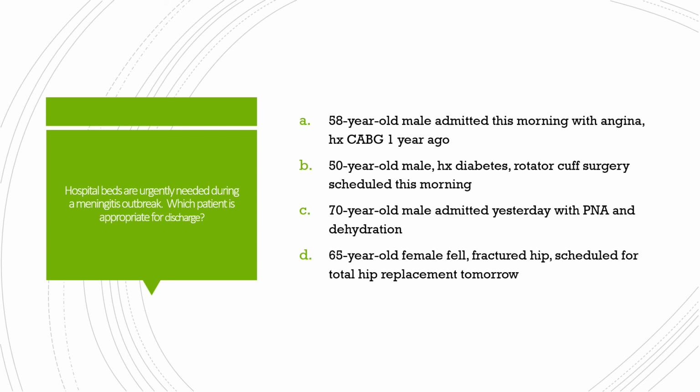Okay, B, a 50-year-old male with a history of diabetes, rotator cuff surgery scheduled this morning. Can he go? I would say yes. That's pretty much an elective surgery. Not that he doesn't want to have it, but it can wait. So I would discharge him and reschedule. C, a 7-year-old male admitted yesterday with PNA and dehydration.